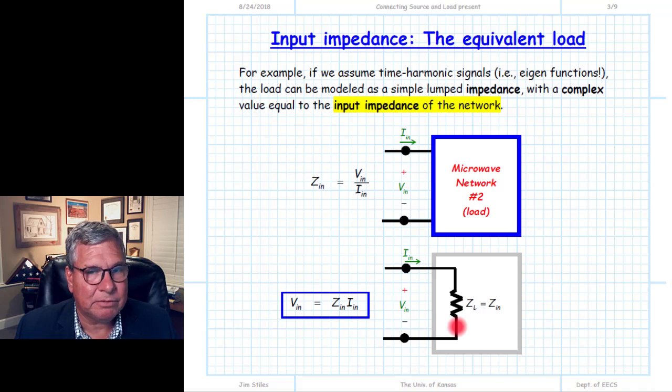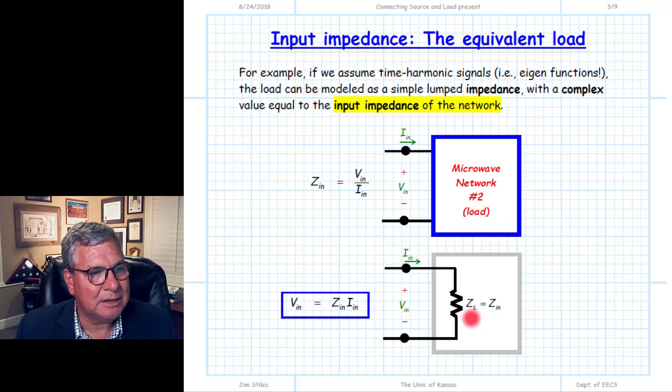Now we have two names for this lumped impedance. On the one hand, we know from the definition of impedance that it is the ratio of the input voltage of this one-port device to the input current of this one-port device. And so we can call that the input impedance of this one-port device. Yet this one-port device is also the load for the source on the left, and so it is likewise equal to the load impedance.